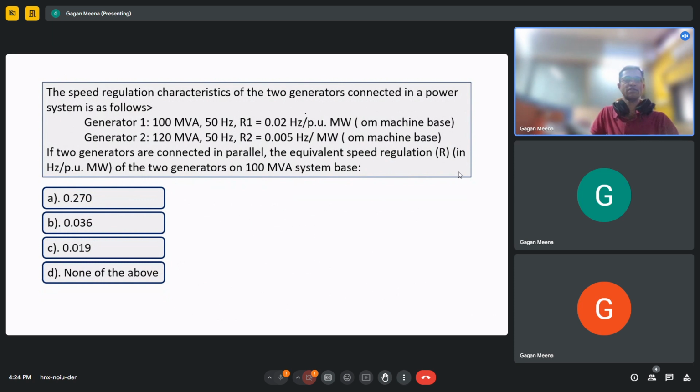So this is the next question here. This is the sixth question. The speed regulation characteristics of two generators connected in a power system. So we have one power system. We can say that this is a multi-unit isolated power system with two generators.